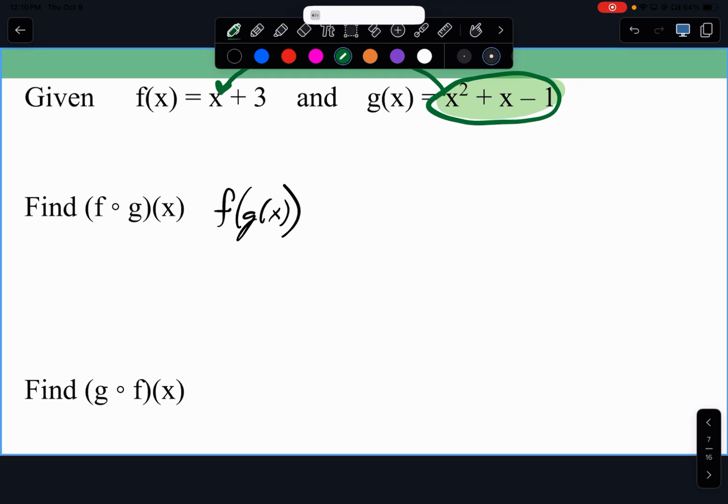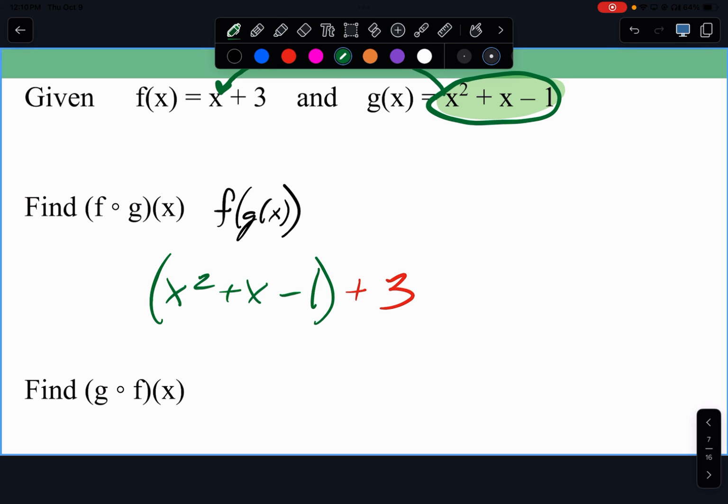So we have x squared plus x minus 1, and then we still have the plus 3, right? I still think it's good to put this in parentheses, even though on this you don't have anything to distribute. Sometimes it's important. But then all we have to do is combine like terms. So our final composed function is x squared plus x plus 2.